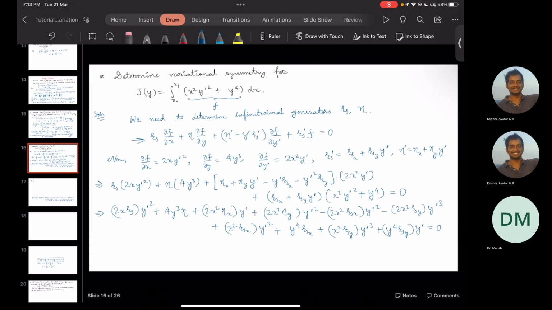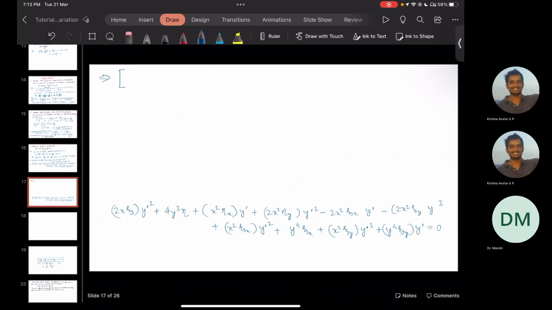I mean, y prime raised to the highest degree, so it's y prime cubed. Let's start with that. So at first what we have is minus 2x squared epsilon y. So these terms go away, right? And plus x squared this term. So I think there are no other terms with y prime cubed, right? Okay.